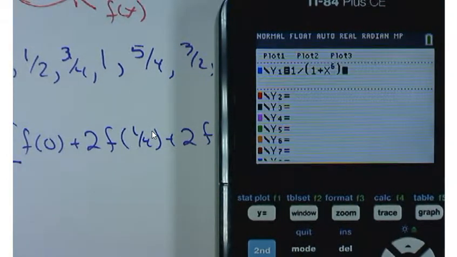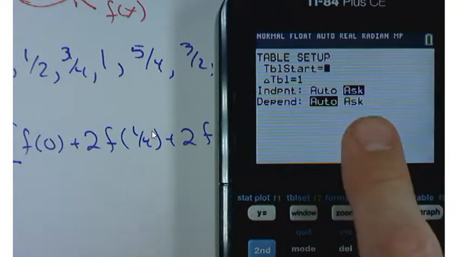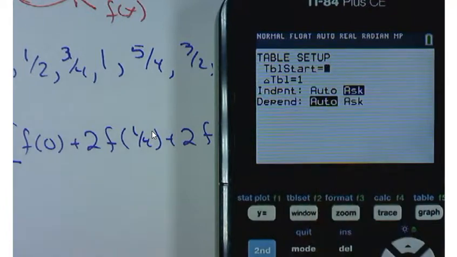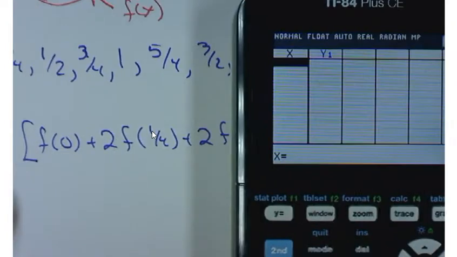Hopefully you still have your table set up the way that we've used it all semester: second, then window, table set. You should have independent set to ask. That way we can just find the values of the function that we need. So second, and then table, and we're going to need a lot of values.